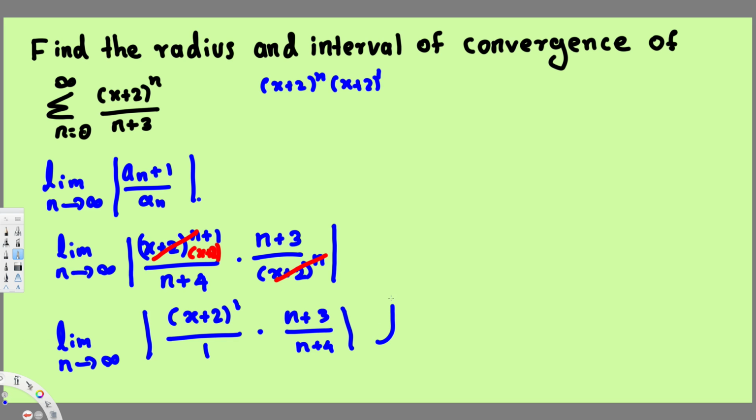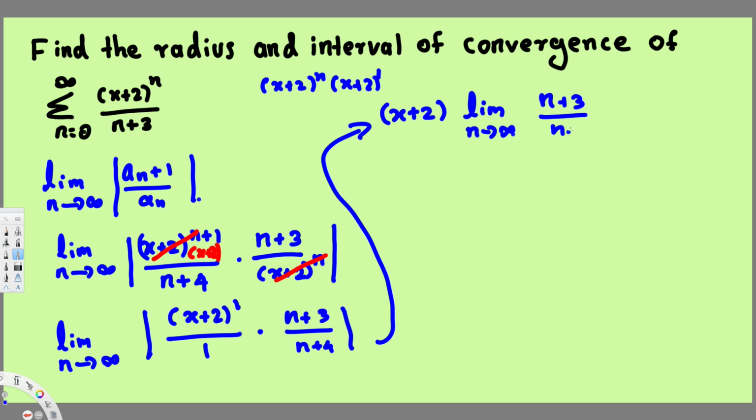So let's go ahead and do this. If we take (x + 2) outside, this is going to be the limit as n approaches infinity of (n + 3) over (n + 4). Now if you notice, we have the same power in the numerator and denominator, n to the power 1, so the ratio is going to be the limit of the leading coefficients.